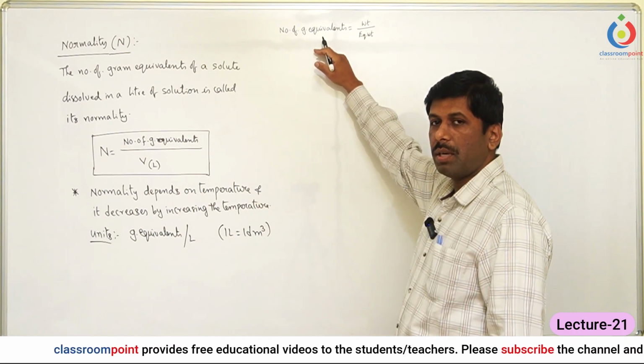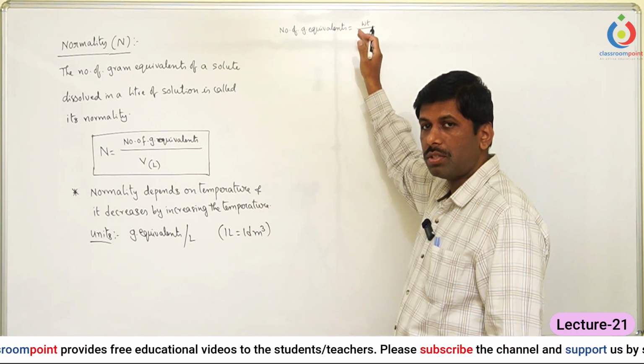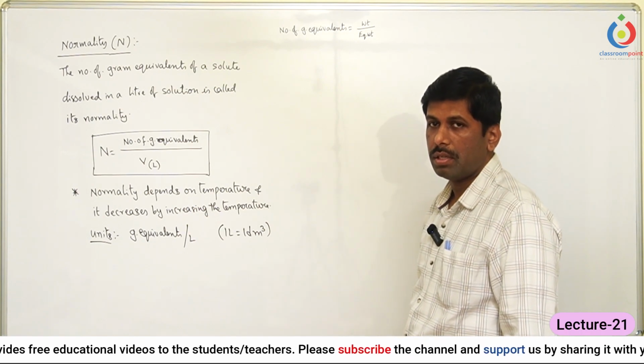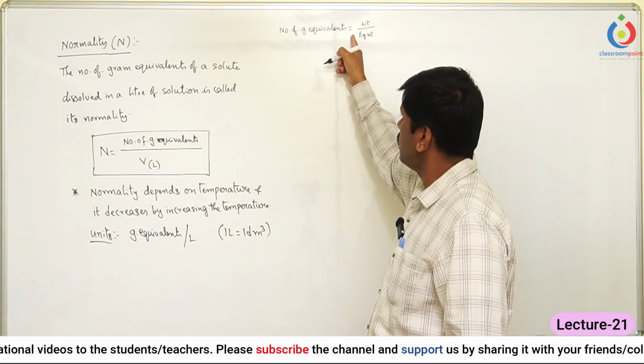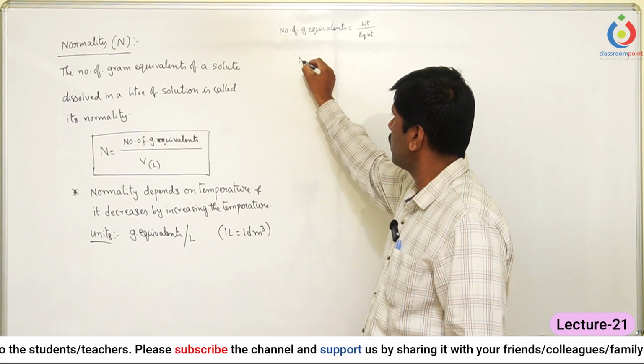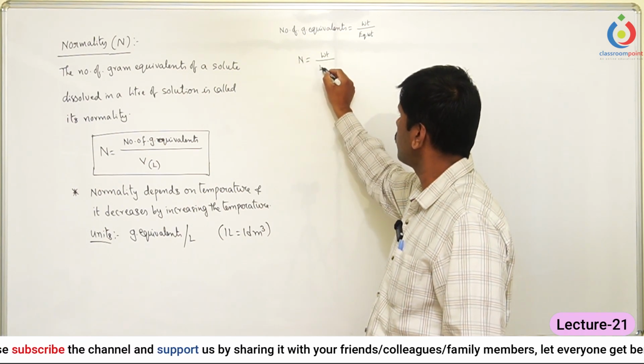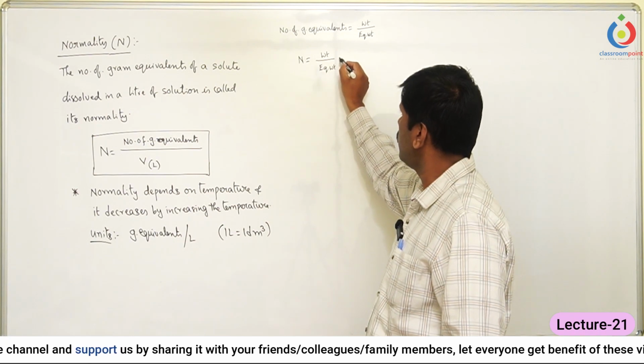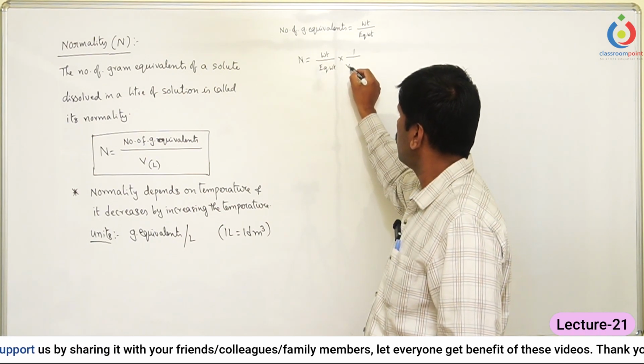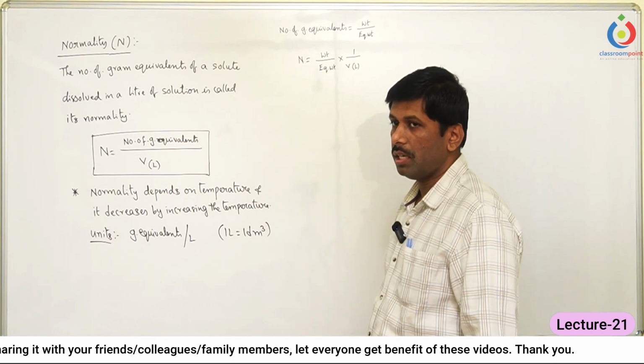Number of gram equivalents can be calculated in other formats also, but here we are taking only the mass. Substituting this value, normality equals weight by equivalent weight of solute into 1 upon the volume of solution in liters.